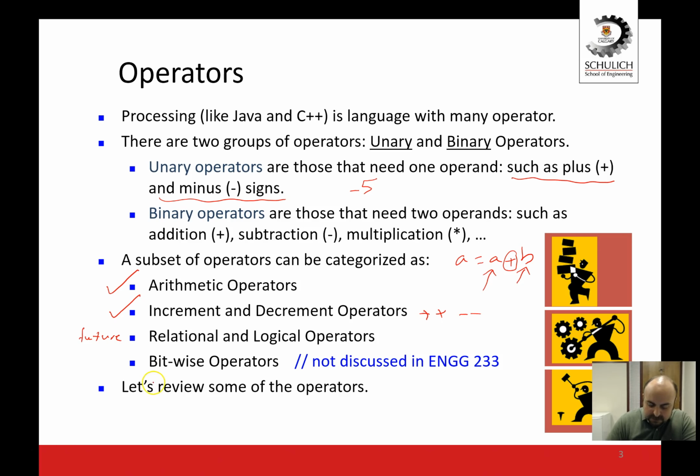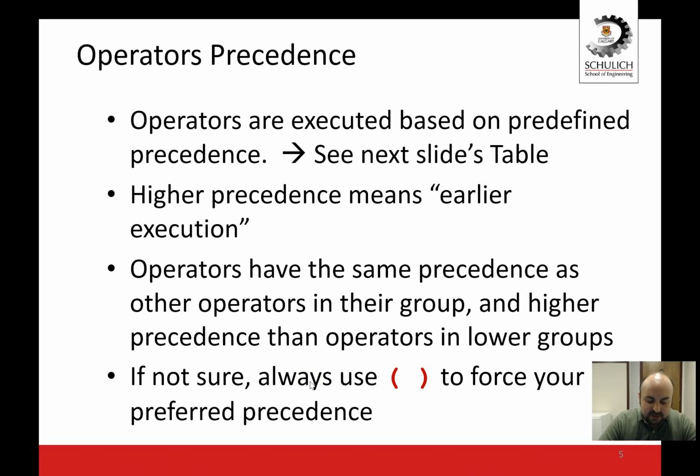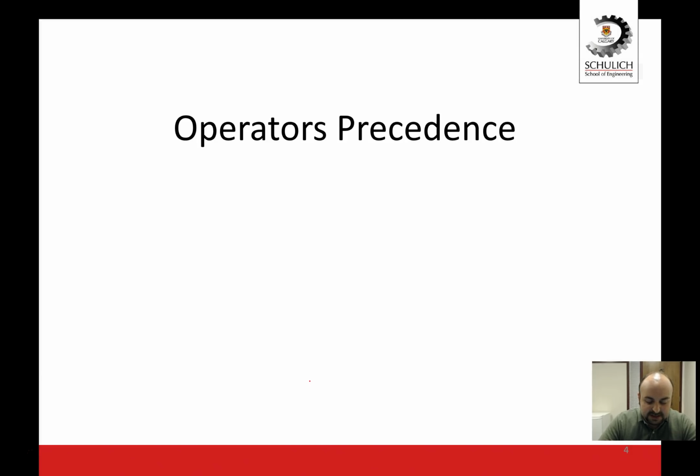And bitwise operators that we won't do in this course at all. So let's go over some of these operators. And in fact, this is going to be a pretty simple lecture about the arithmetic part of it.